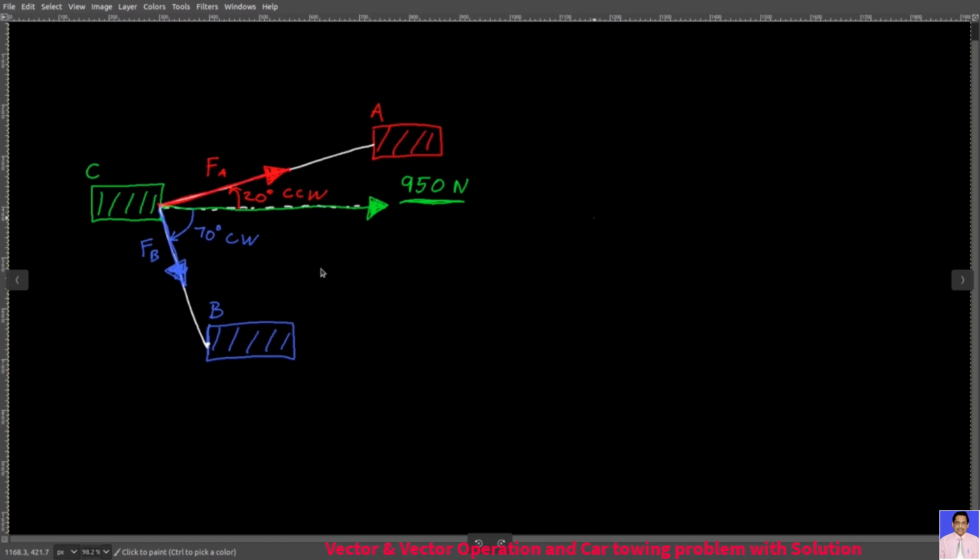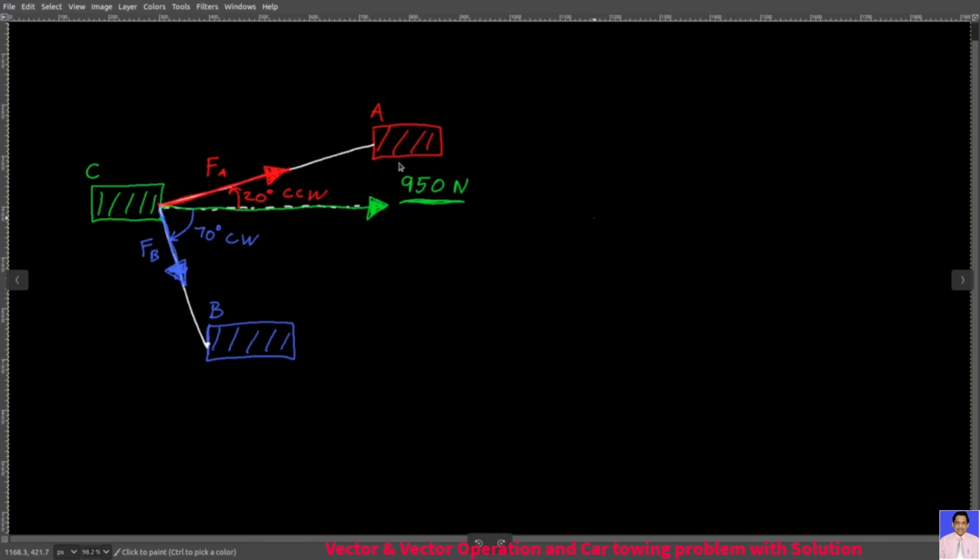And now, there are many quantities that require more than one dimension to fully describe them. One of them is forces, and that's exactly what we need in order to solve our car towing problem. Forces, just like velocities, are vectors. They have both a magnitude and a direction.